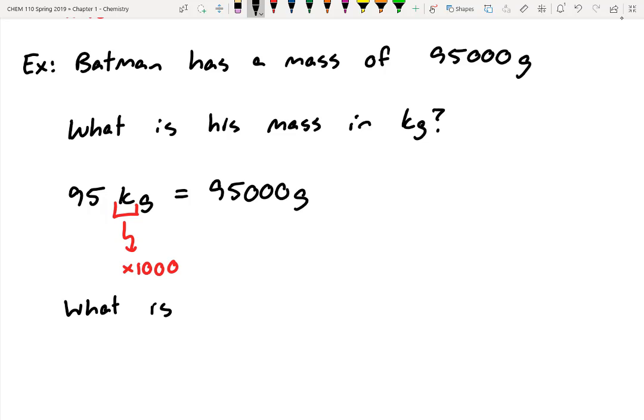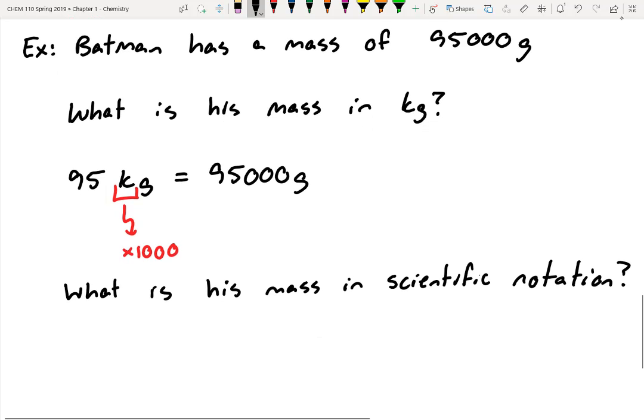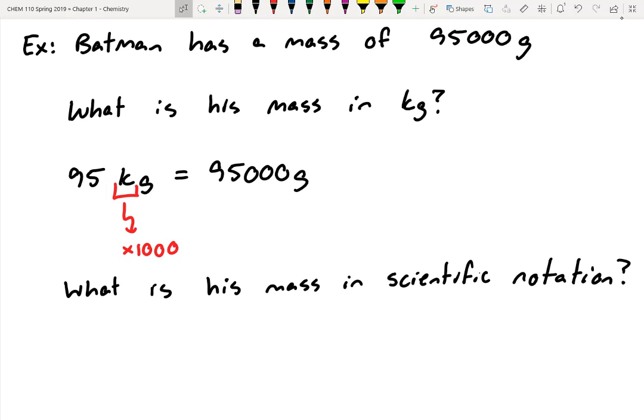what is his mass in scientific notation? What do you think? 95 times 10 to the third. Well, let's try that. So 95,000. We know that there's a decimal right there.